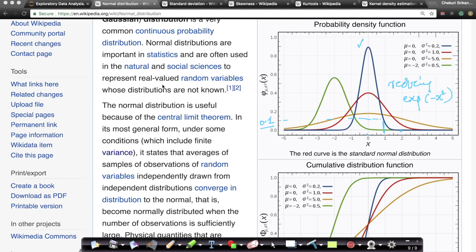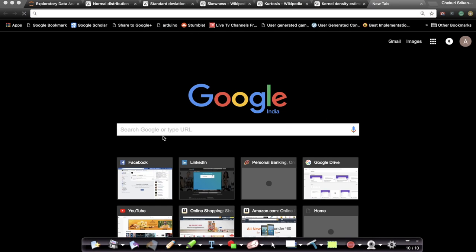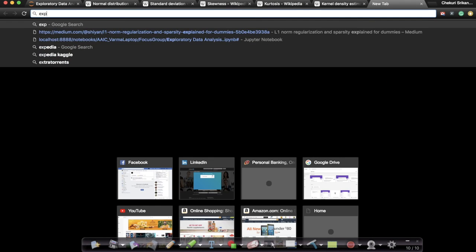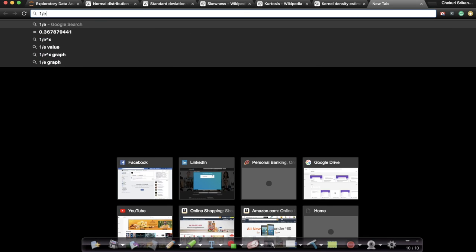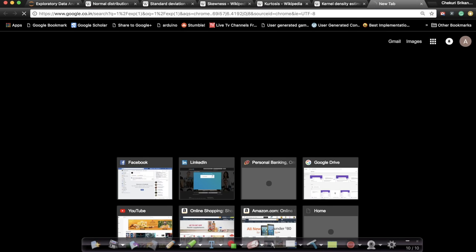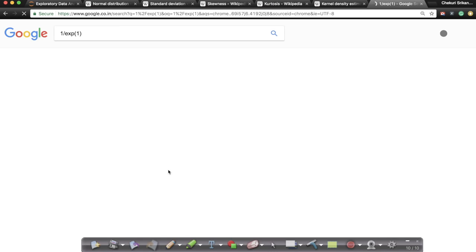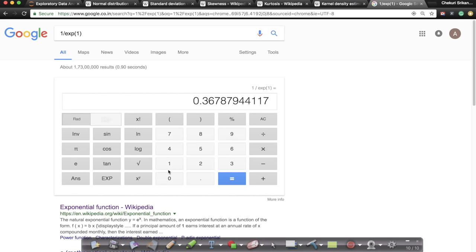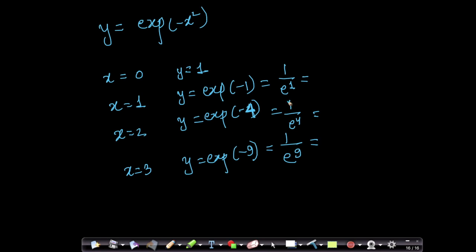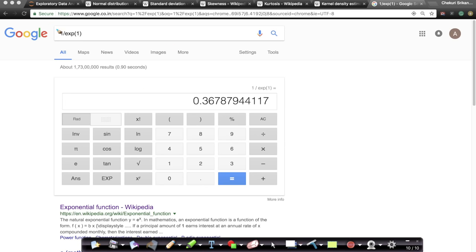Let's just go to Google quickly and find out what these values are. If I just say 1 by exp of 1, it's 0.3678, right? What is 1 by e power 4?